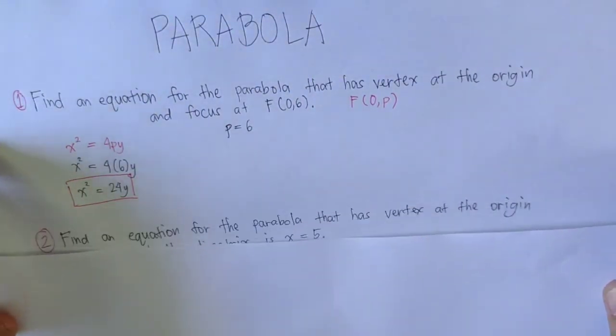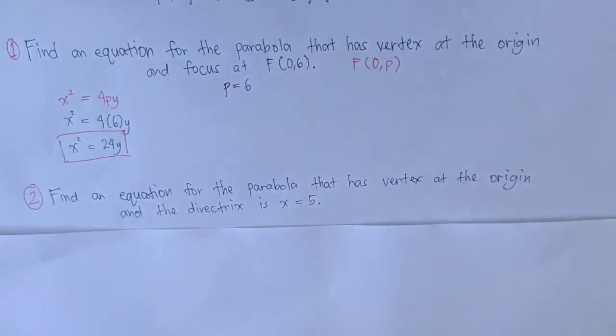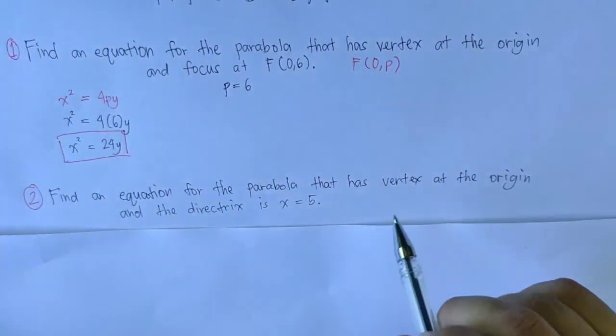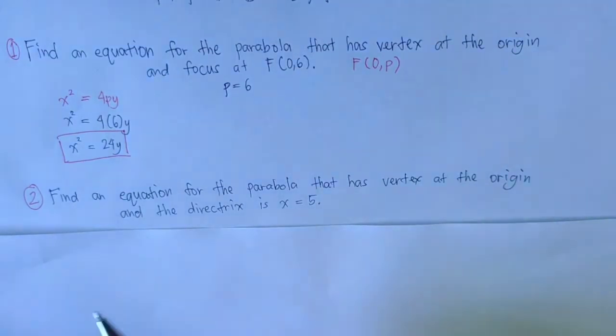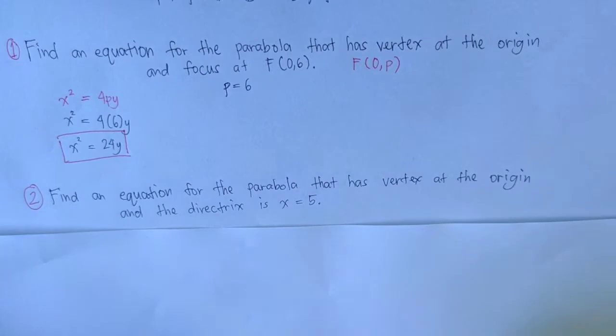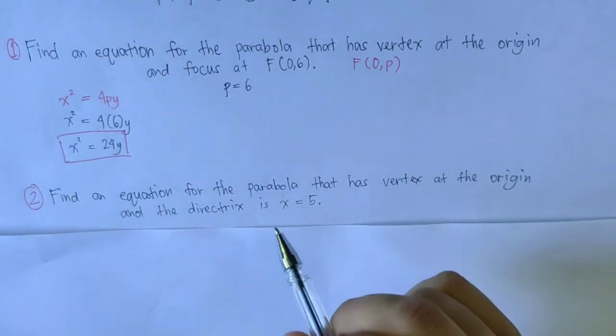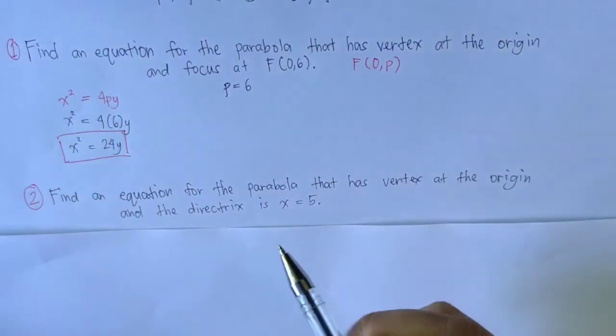Example number 2. Find an equation for the parabola that has vertex at the origin and the directrix is x equals 5. Tingnan natin ulit yung apat na conditions natin. Since yung directrix natin is x, dalawa na pipilian natin.